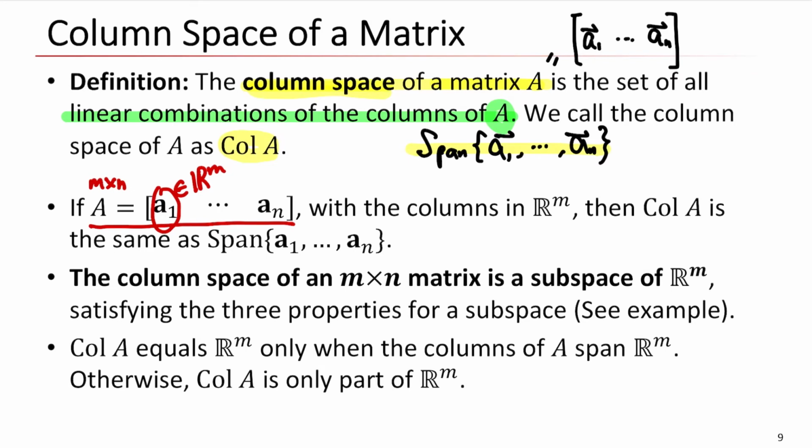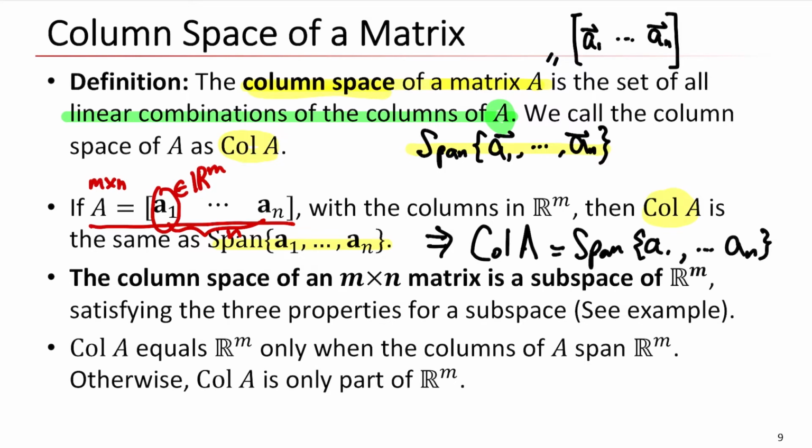And the number of columns is n. Then the column space of A is the same as the span of a1 through an. In other words, Col A is the span of a1 through an. So this is the definition of the column space.